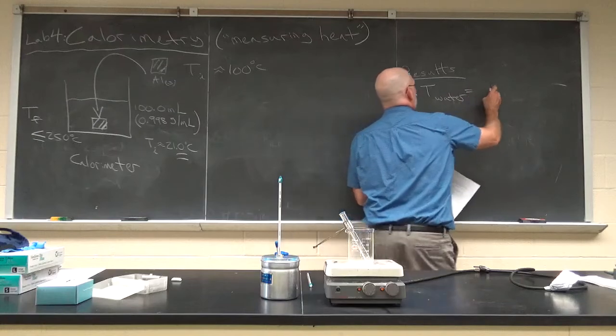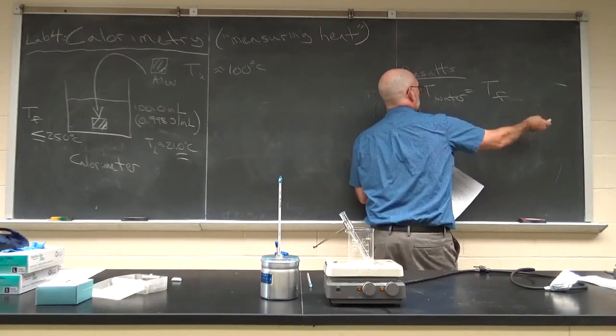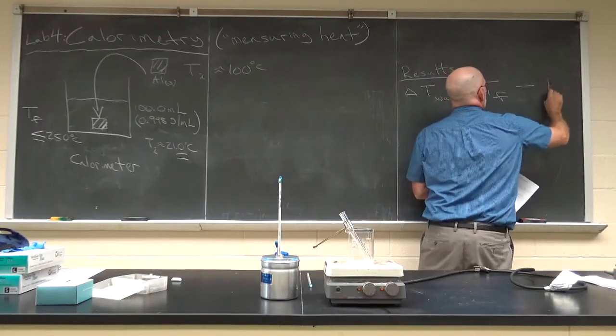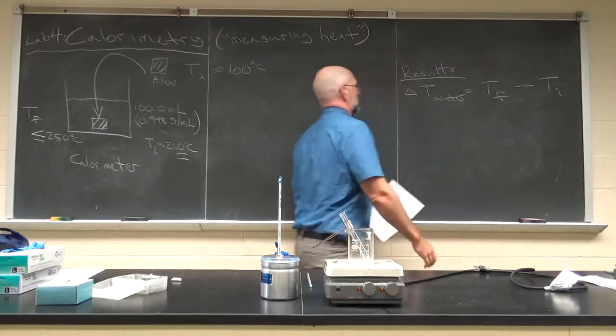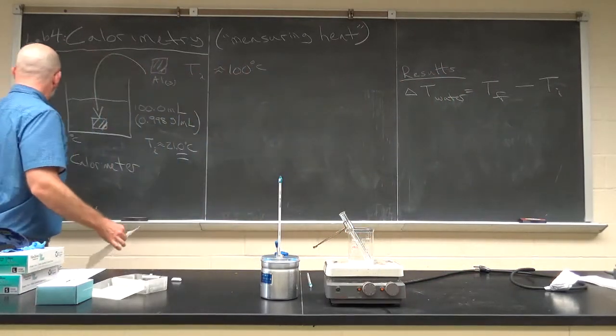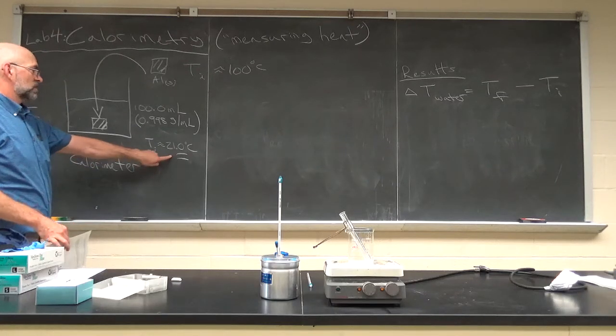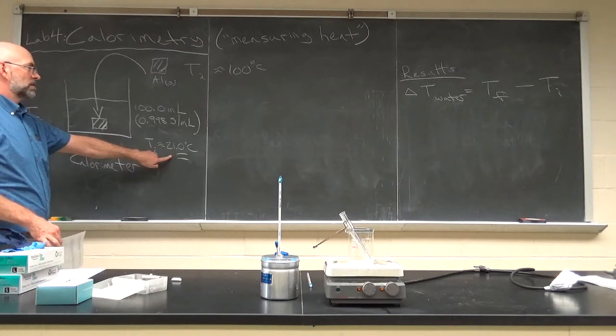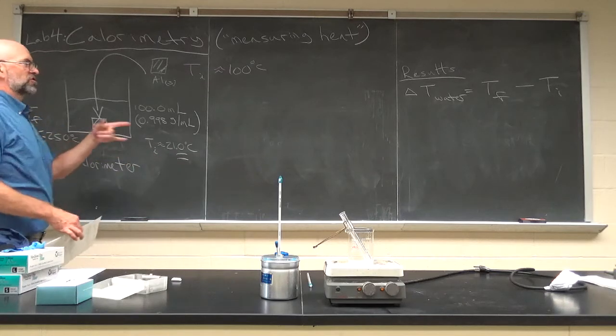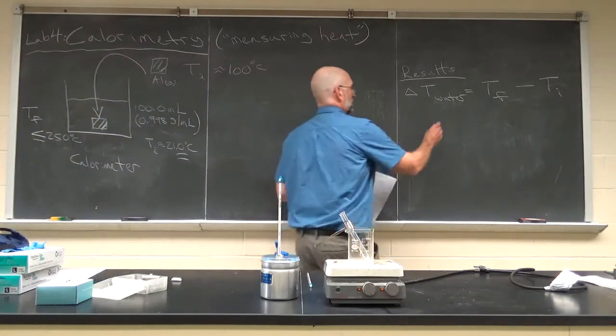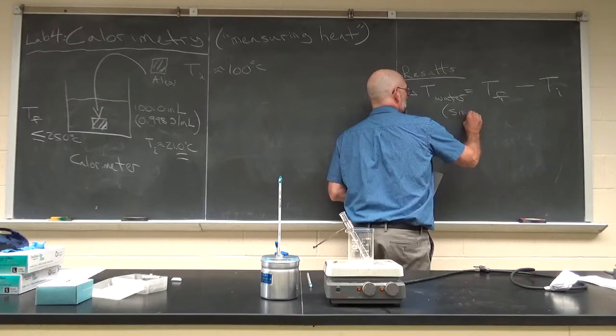And change is always final temperature minus initial temperature. So the final temperature is this, the initial temperature is this, for water. So you're going to get a pretty small answer here. It's going to be small.